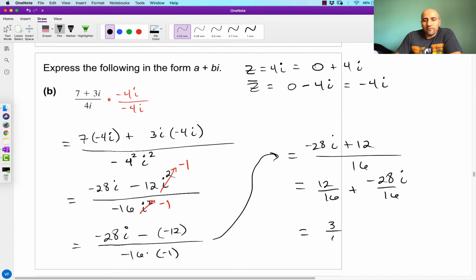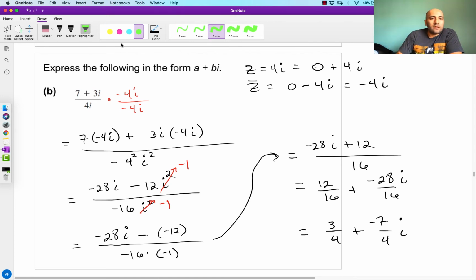So this is going to be 3/4 plus, 4 goes into 28 7 times, so this is negative 7/4 i. So there we go. There's our final answer, where this is the real part and this is the imaginary part of my complex number.